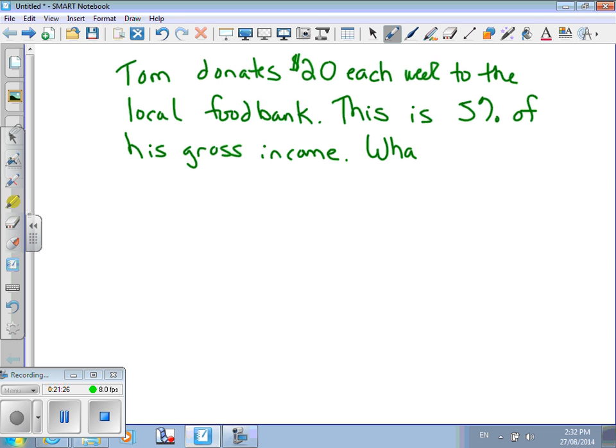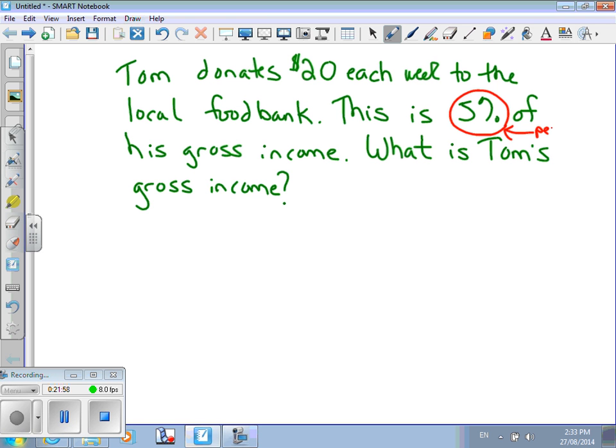Finally, in our nice wordy question, we're going to say, what is Tom's gross income? You may be able to pick out the pieces without rewording this. Let's see if we can do it, and then I'll write it out in short form for you afterwards. 5% is the most obvious because it comes with that percent sign.